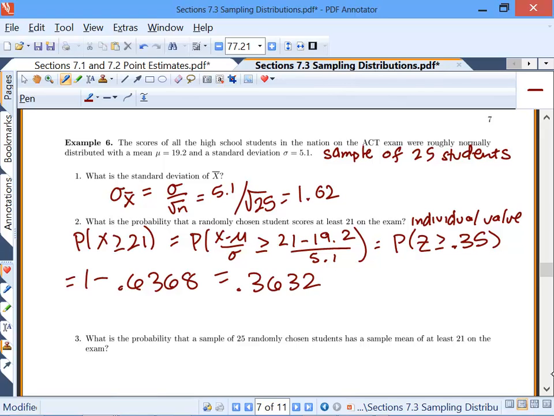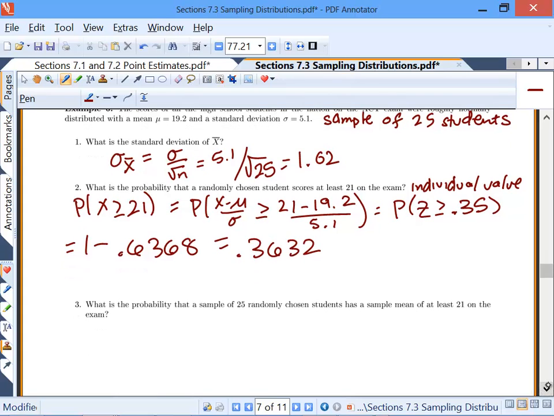Whereas number 3 says, what is the probability that a sample of 25 randomly chosen students has a sample mean of at least 21 on the exam? Now I'm actually looking for the sample mean, so I'm looking for the probability that X bar is greater than or equal to 21. And when I want to standardize that, I have to use a different standardization formula. So it's going to be x minus the mean over sigma over the square root of n.